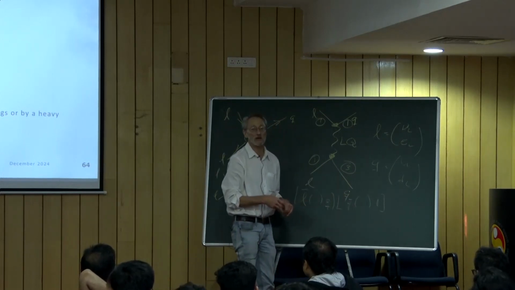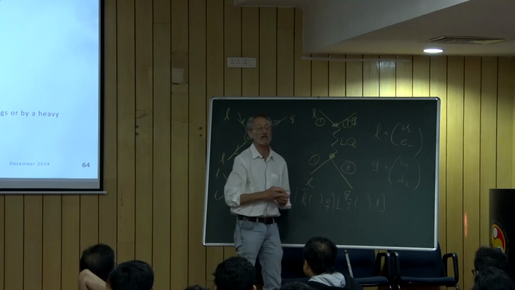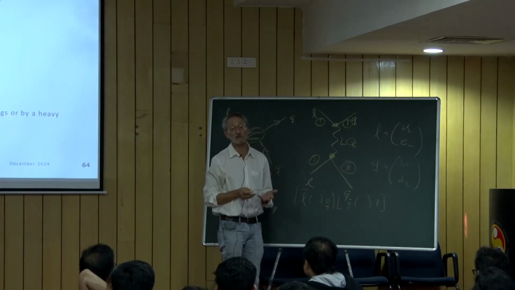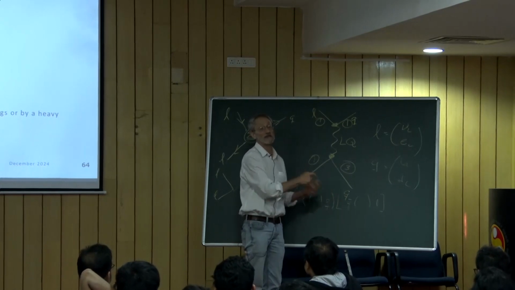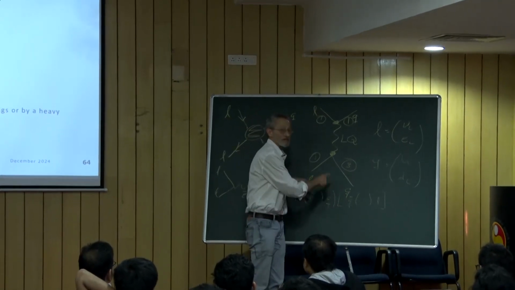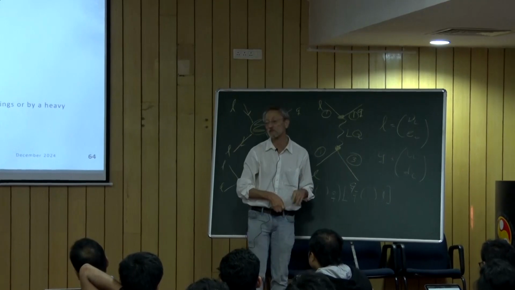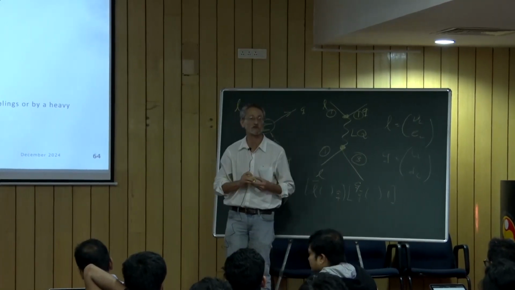If the leptoquark is a vector, this is gamma mu. And what happens is that when you do a Fierz transform, only the vector one will change left into left, that kind of thing. It's a feature of the Fierz transform.